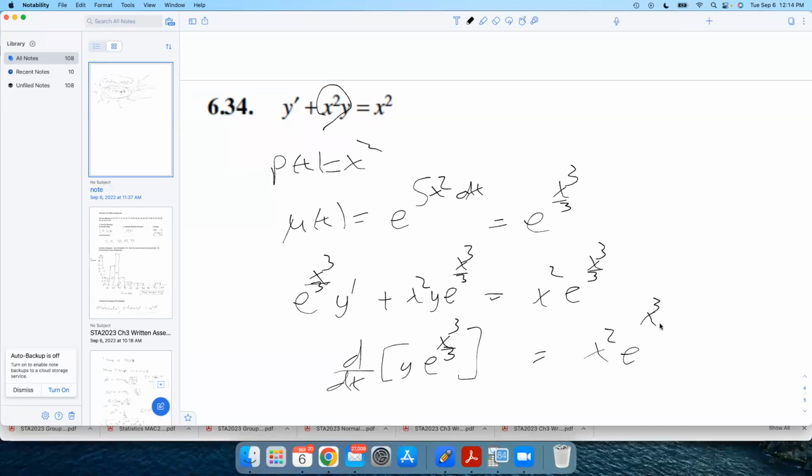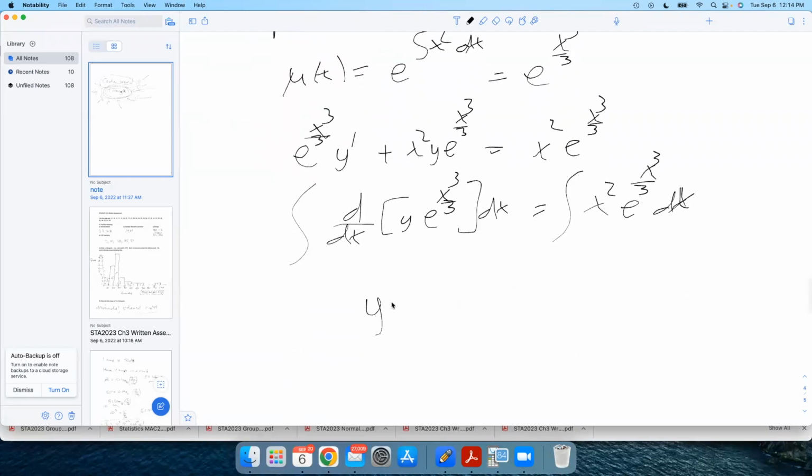Notice how I'm writing out all the steps. Integrate both sides. Don't forget your dx or dt or whatever our variable is. Now the left side, that's easy.